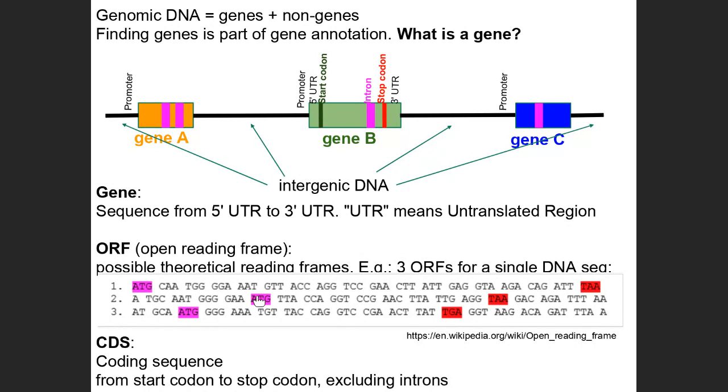In the second one, the ATG is pretty close to this stop, so start and stop. This one is less likely to be a gene. So out of these 3 open reading frames, the most likely one to be a gene is frame 1, because the start codon and the stop codon are further from each other.